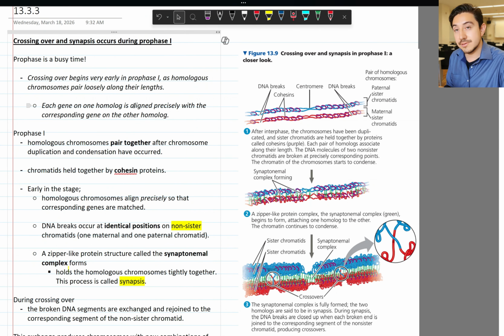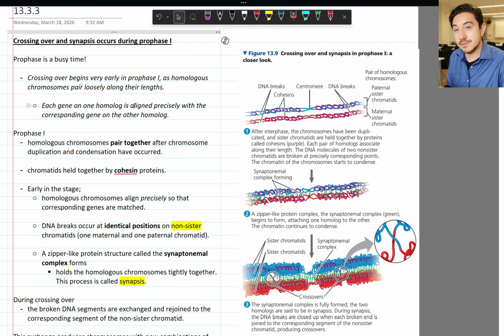And the father's chromosomes also. So you have the homologous pairs side by side. The chromatids are held together. Each little red line and each little blue line that you see here are the chromatids that are paired up, side to side.